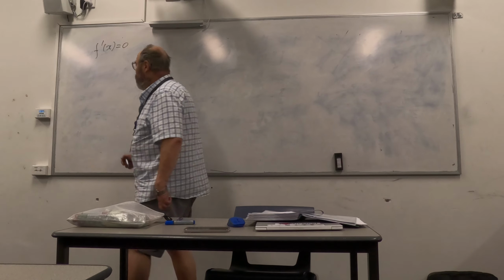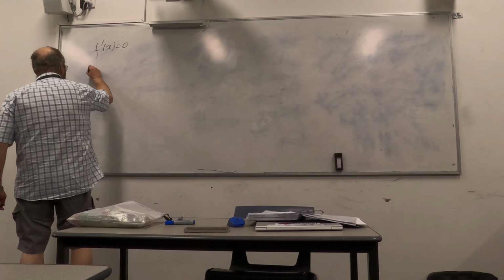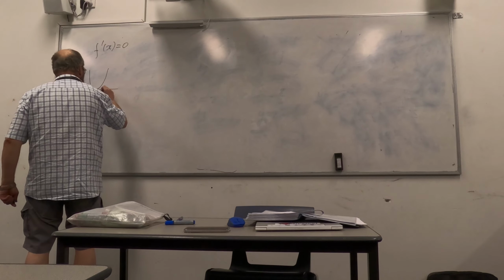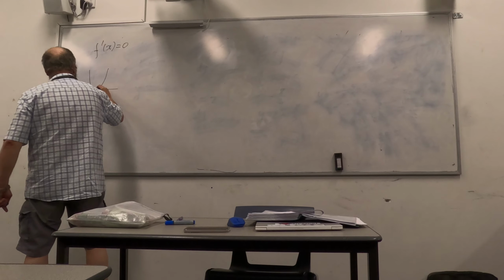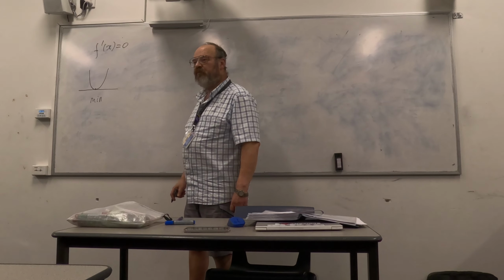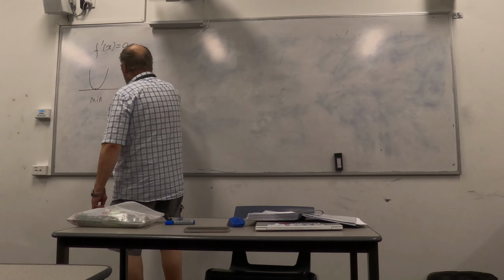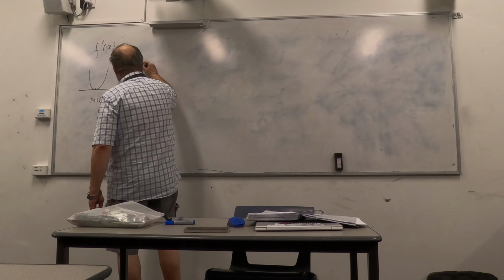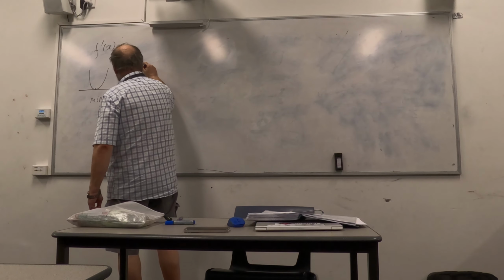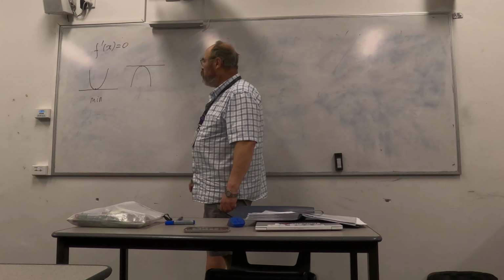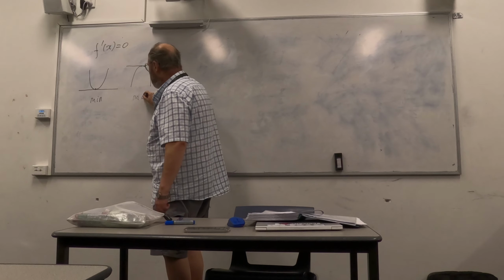So we can have three types of stationary point. Minimum: at this point the tangent will be horizontal. We can have a maximum, a turning point. Again, the gradient of the tangent line is horizontal.